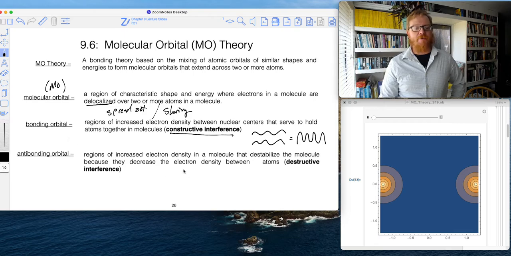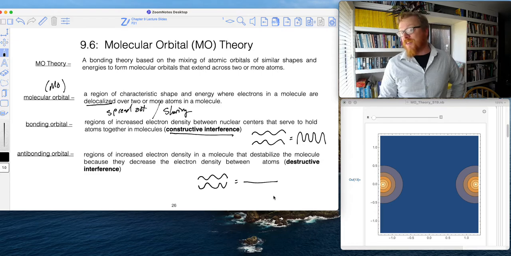Now, regions of increased electron density in a molecule that destabilize the molecule because they decrease the electron density between atoms, that's what we call an antibonding orbital, and that's due to destructive interference. If we have these two waves and they are out of phase, in other words, where we have a peak, we have a trough, and where we have a trough, we have a peak, and so forth, then they cancel and we end up with nothing.